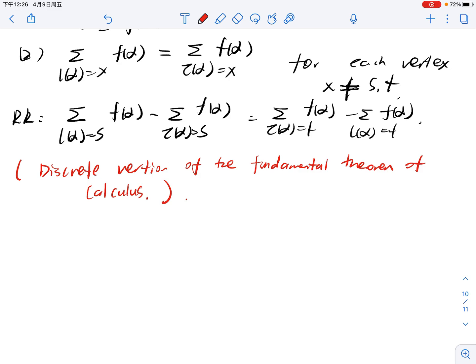I leave it to you to digest this. Next time we will discuss several algorithms for networks, digraphs, and flows. Okay, I will stop here. Thank you.